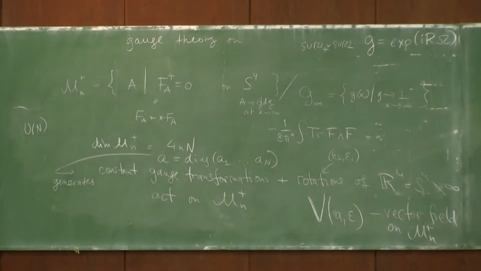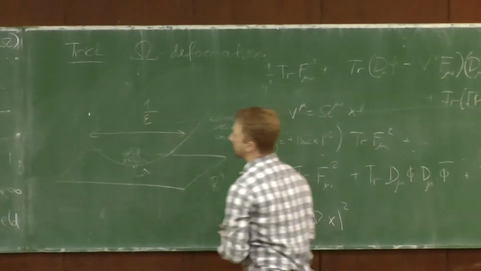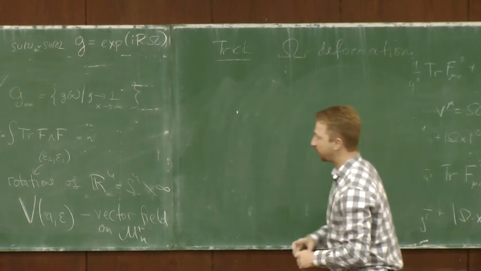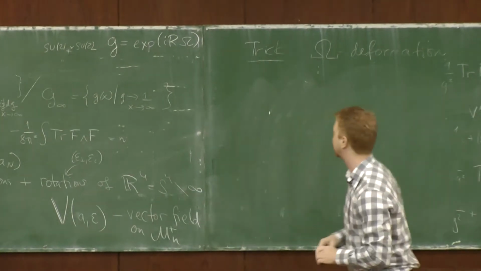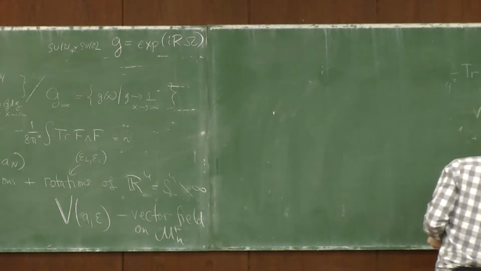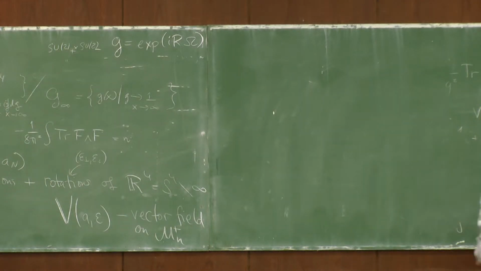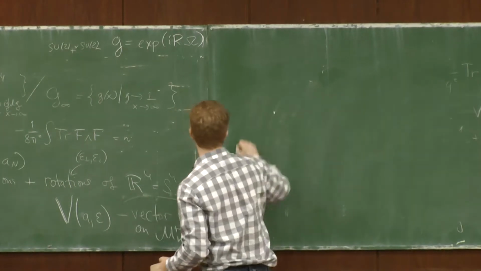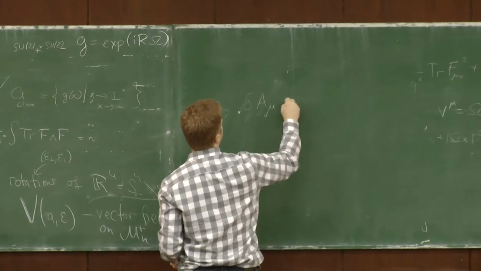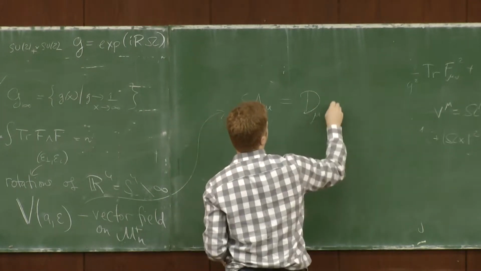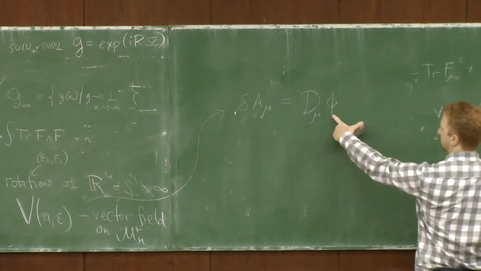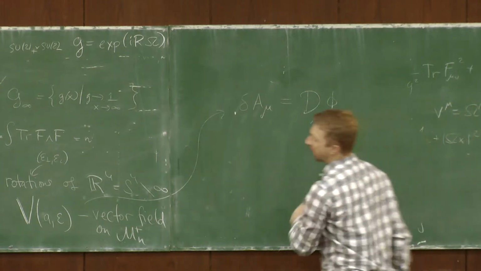If you go back to the original field variables, it's not a gauge field, it's a vector field in the sense of infinitesimal transformation. So it corresponds to the change in the gauge field by the infinitesimal gauge transformation generated by phi, which is this guy.